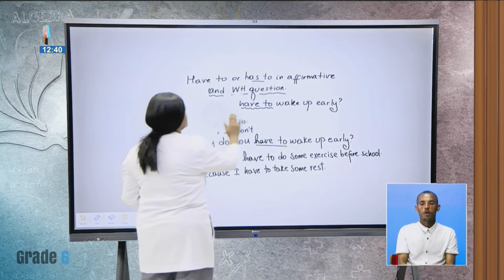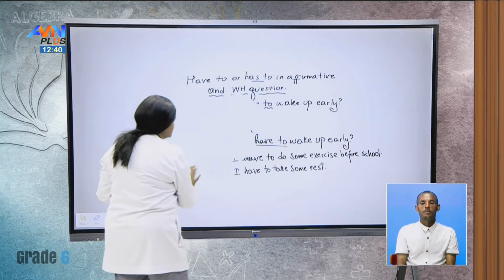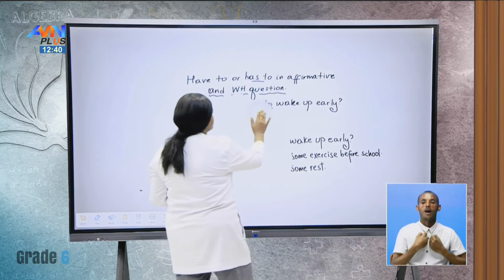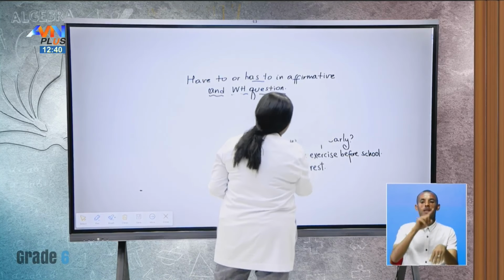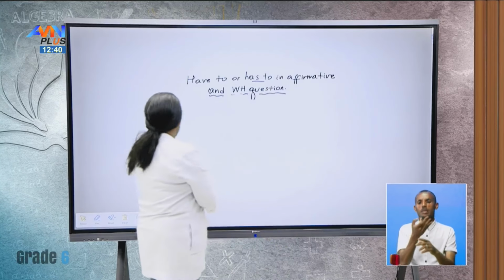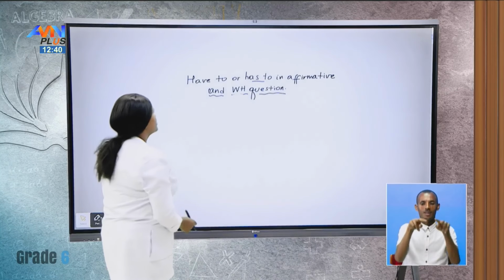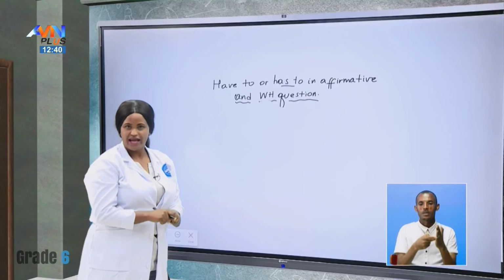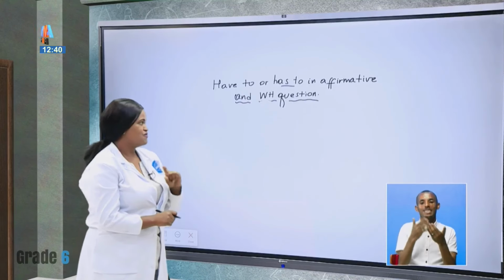All right. Let us see how we use has to. This time you have to be very, very seriously attentive, all right? Because has to might not be that much simple like have to, okay? Follow me.